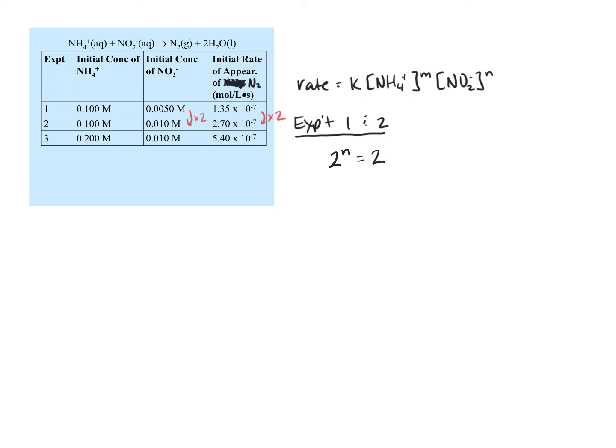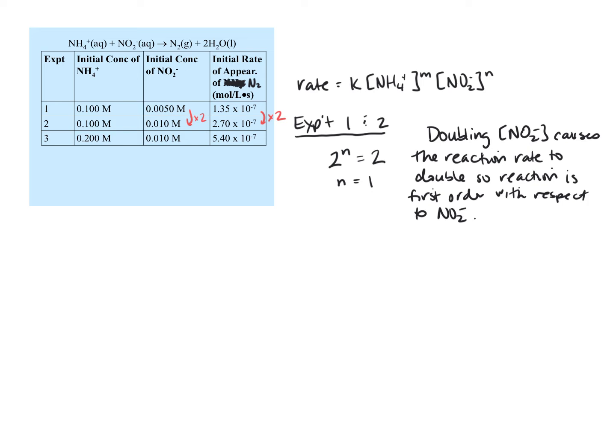And then your understanding of exponents should be such that n equals 1. And you also have to write a justification explaining what your work means. Essentially, you're saying that doubling the NO2 minus concentration causes the reaction rate to double. The reaction, therefore, has to be first order with respect to NO2 minus.